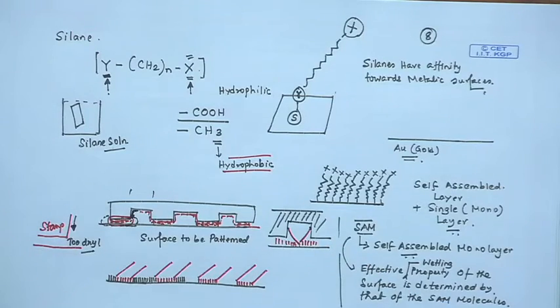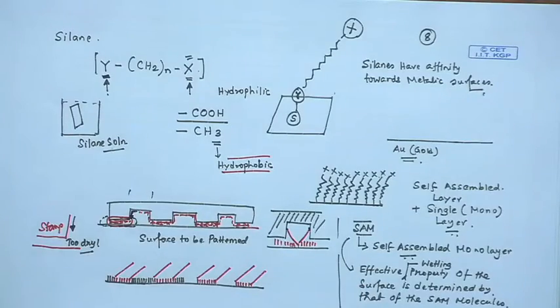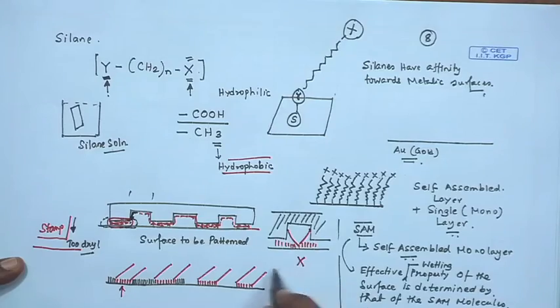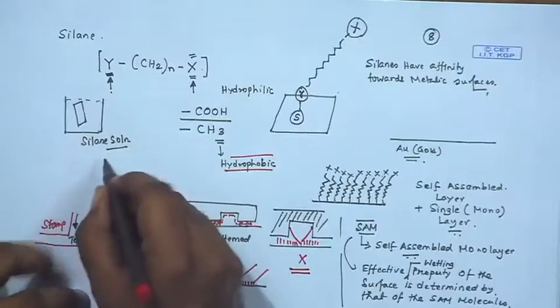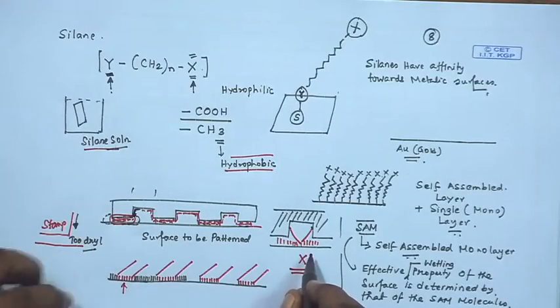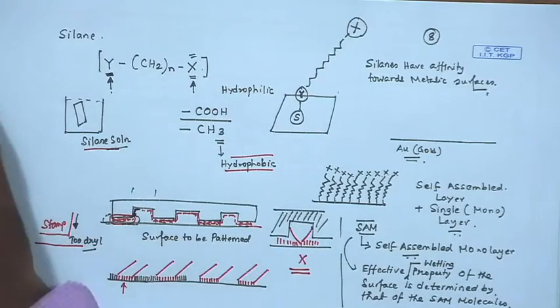Why? You achieve silanization, but not only below the protrusions of the stamp, you get a full coverage of the surface with the silane molecules, and therefore your whole purpose of using a patterned stamp to bring in silane molecules and bind them preferentially is lost, because you could have anyway done this by simply immersing the substrate into a silane solution. There was no need for you to take so much trouble.